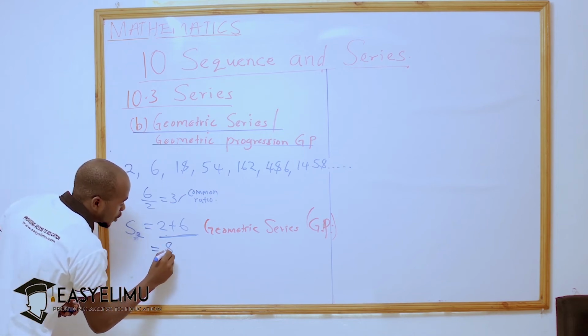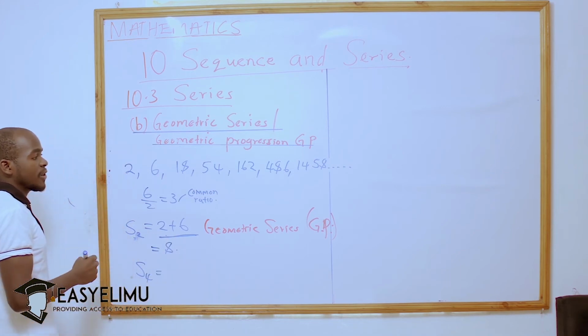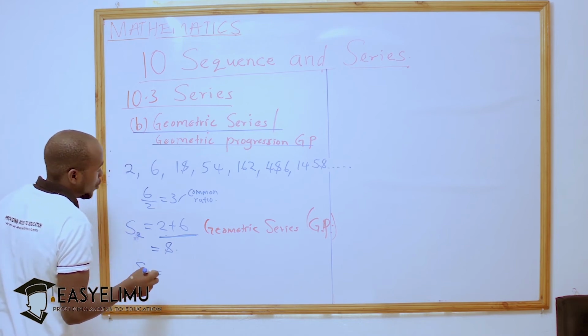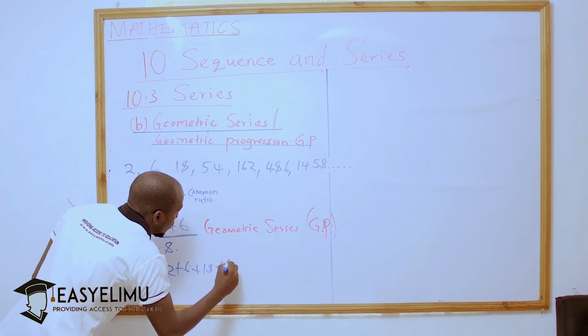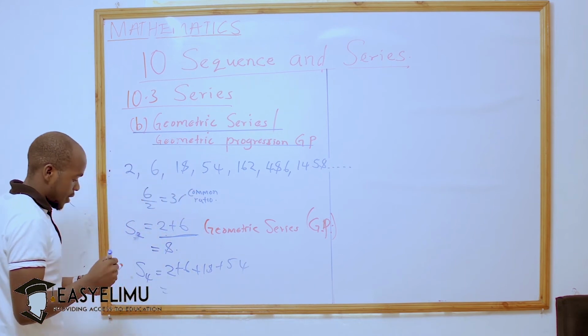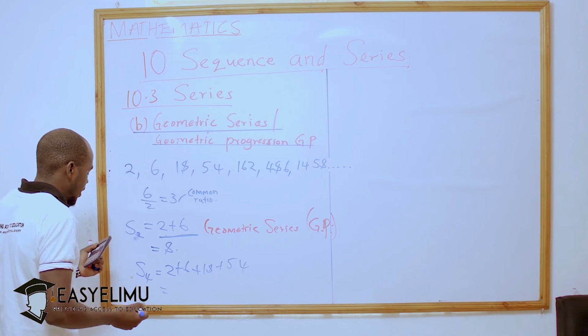So this one is going to give you 8. The sum of the first 4 terms in a geometric series will give you 2 plus 6 plus 18 plus 54, and that is going to be 80.